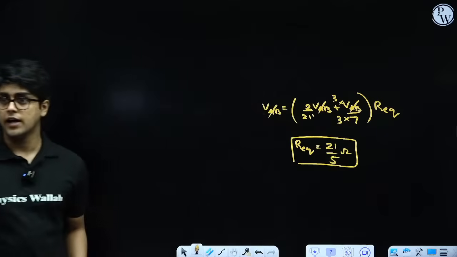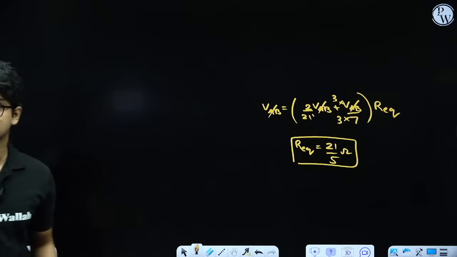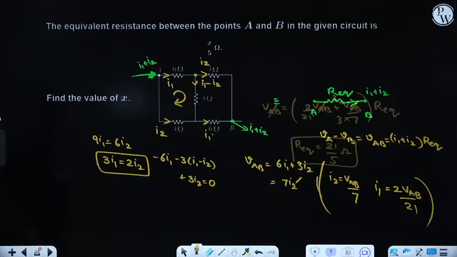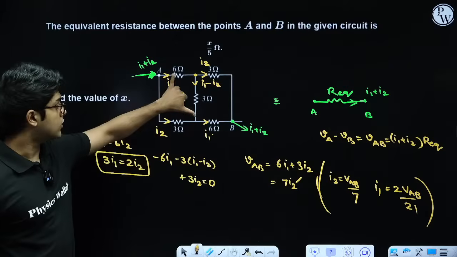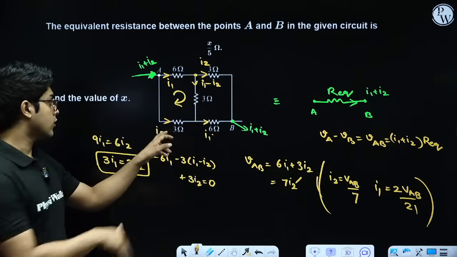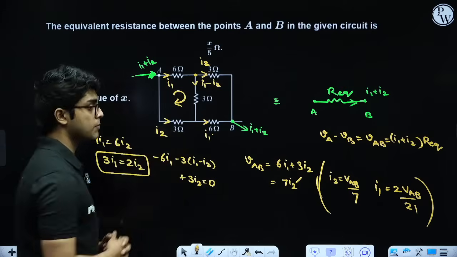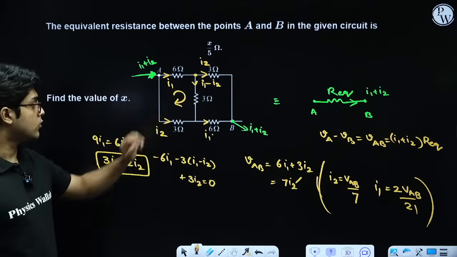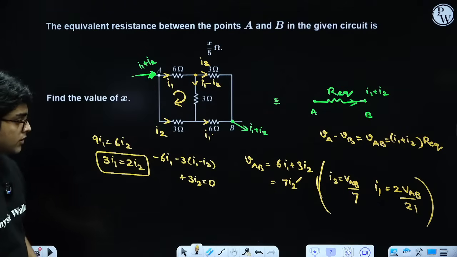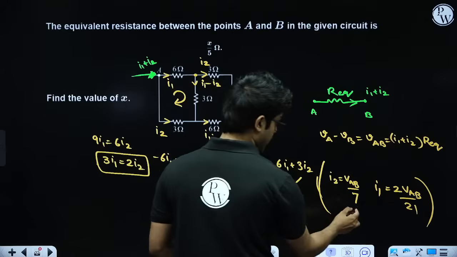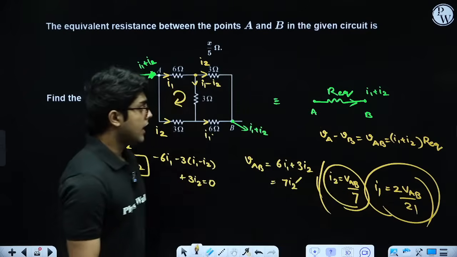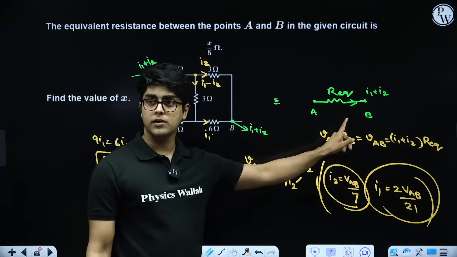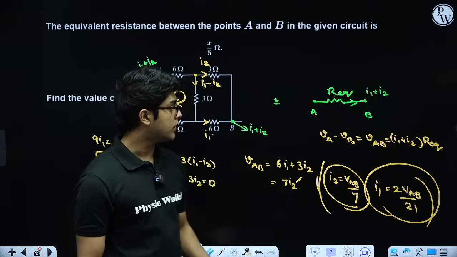Okay, so the main idea is the current symmetry. So I1 entering, I1 leaving. On the 6 ohms it's the same, and on the 3 ohms also it's the same current. Then we write down 2 KVL equations. After doing that, we find I1 and I2 in terms of VAB, and then we convert it into the simple R equivalent diagram.